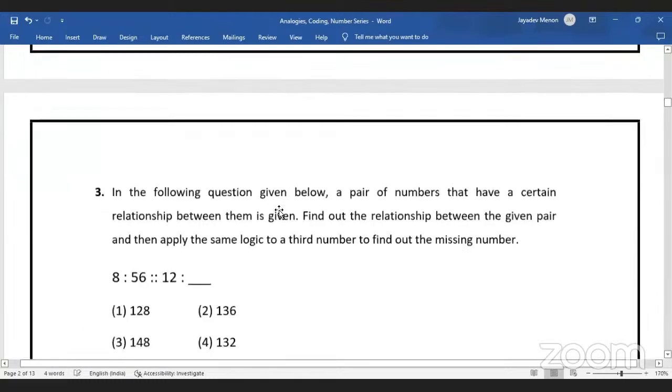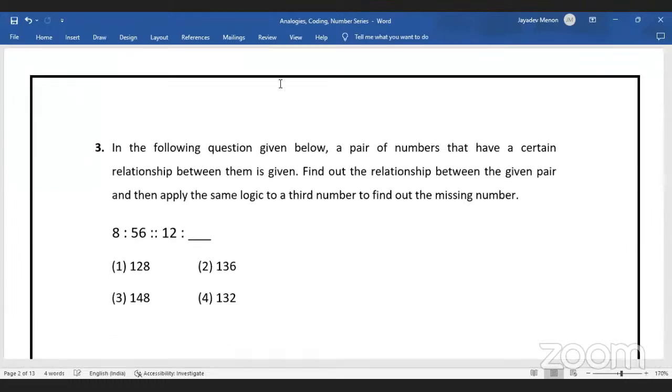Next question. Very good, Kavya, Alvin, Arun. 132 is correct. 8 and 56.